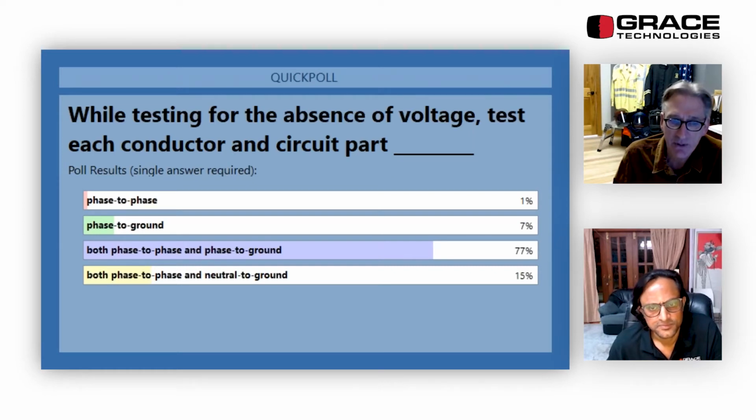In testing, we have to test phase to phase and phase to ground. If it's single phase, then it's just the 2 hot or ungrounded conductors, and then each ungrounded conductor to ground, which could be a neutral, a grounded conductor anyway. And then 3 phase, of course, A to B, B to C, and A to C, and A to ground, B to ground, C to ground.